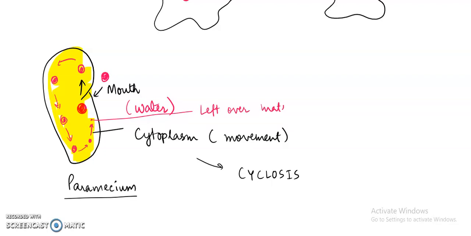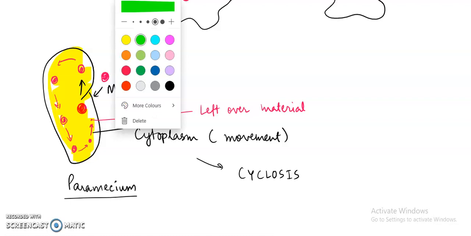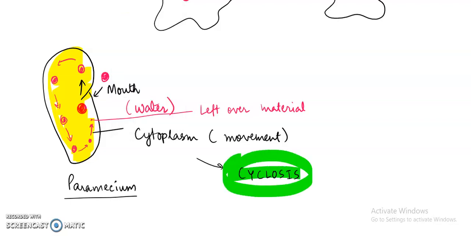Now, there is only one place of entry and one place of exit. I mean, the common entry is there. So, the place from where the food vacuole initially entered, from the same position the food vacuole will go out, right? So, in paramecium, basic digestion happens by the process of cyclosis, and this cyclosis refers to the movement of the cytoplasm.